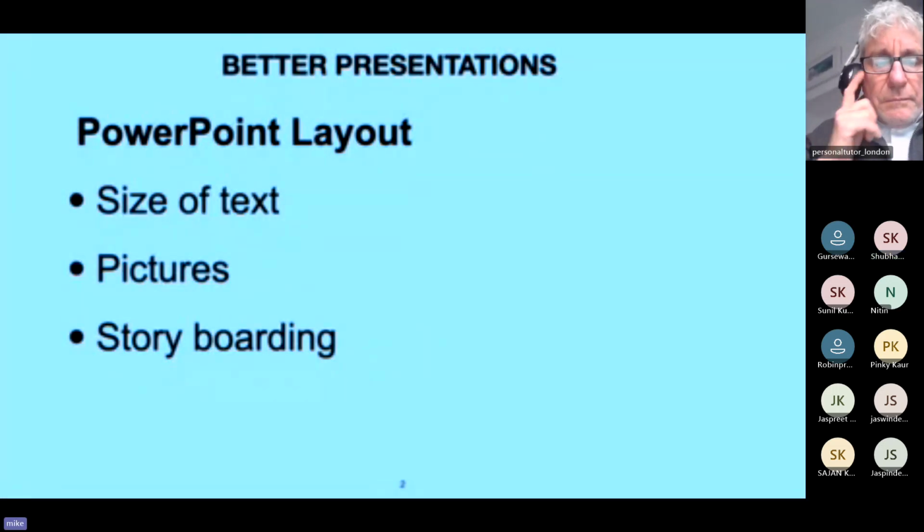Yes, absolutely. I'm keeping it simple at the moment. But if you have a split screen, it's more important that you have just a few words, because people can't see it at the back of the class, and they certainly can't see it online, by the way. A lot of text on an online presentation is actually tricky.